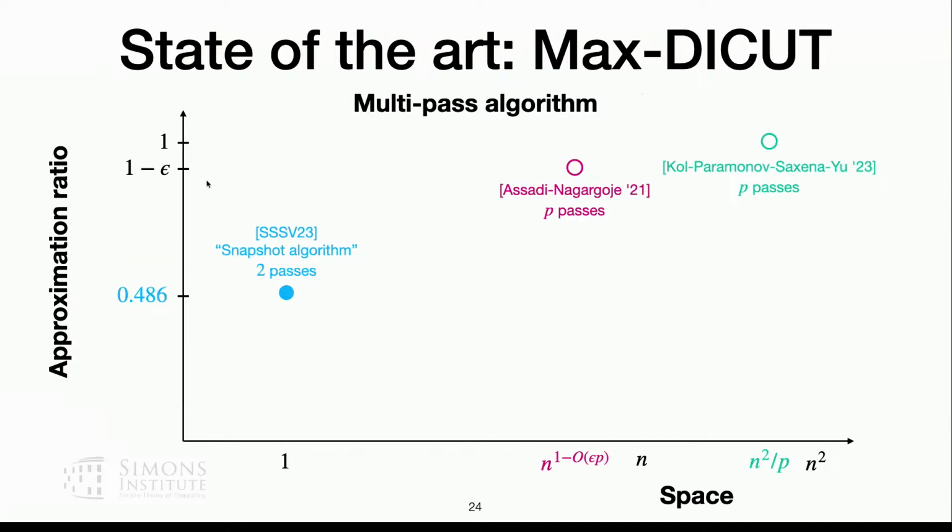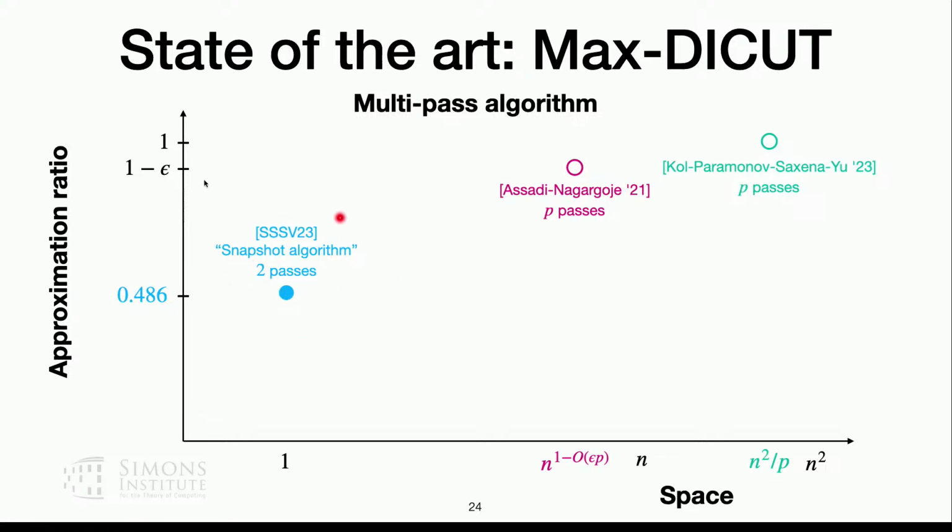And for multipass algorithms, where you're allowed multiple passes over the same set of edges, the picture is even less clear than in the previous two settings. Here, the snapshot algorithm that I described before can be implemented in 2 passes to get a 0.486 approximation. I just want to pause here and say why this result is quite surprising.